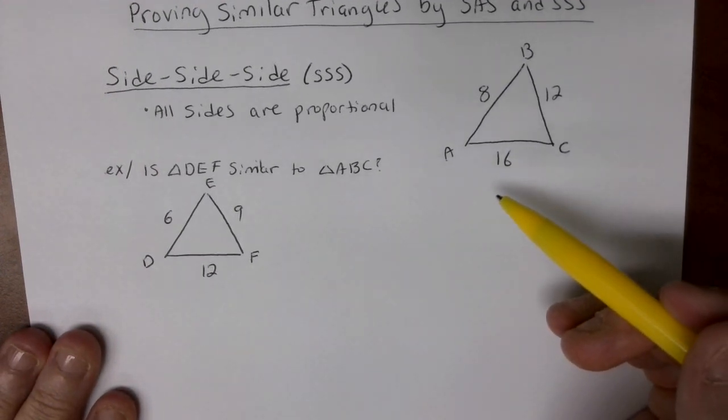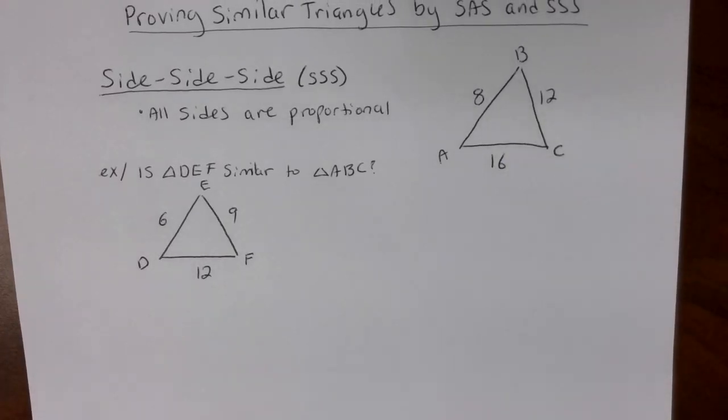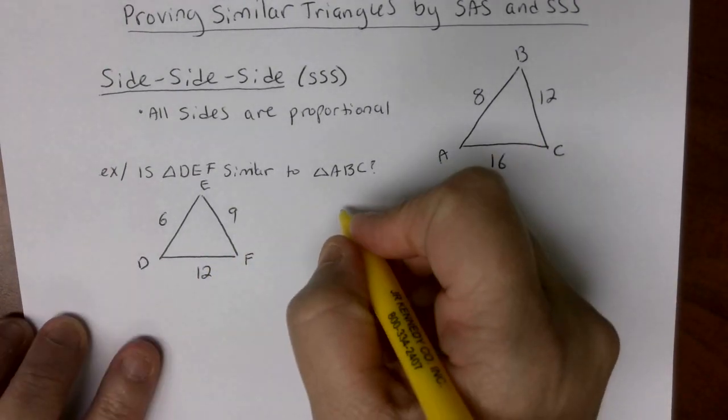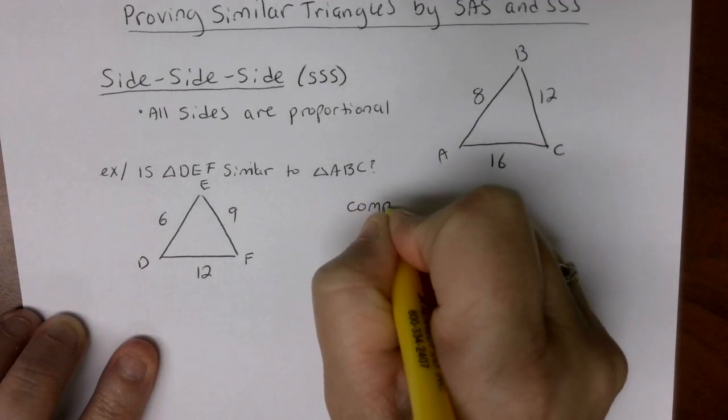So when you start to go through and do this, again, side, side, side, it's only if you know all your sides that you'll be testing this one out. You kind of have to have a method to make sure that you're matching up sides correctly. So one way when you have all three is you can compare the ratios.